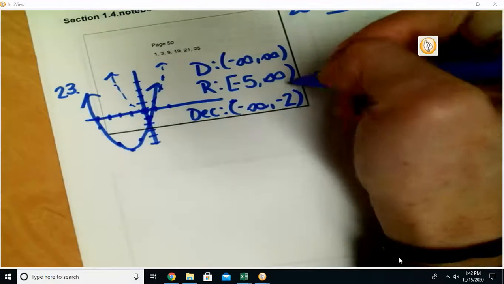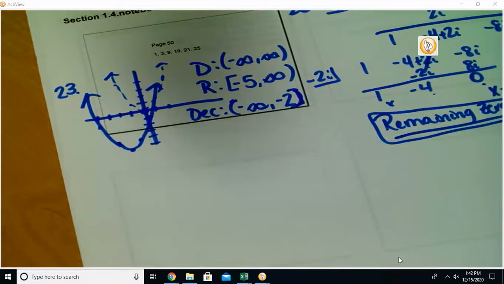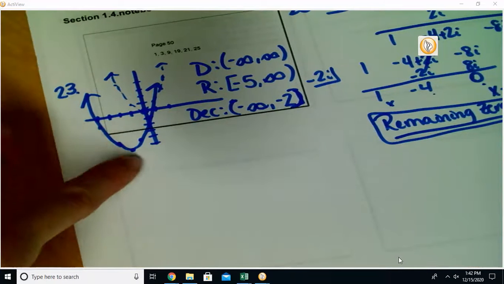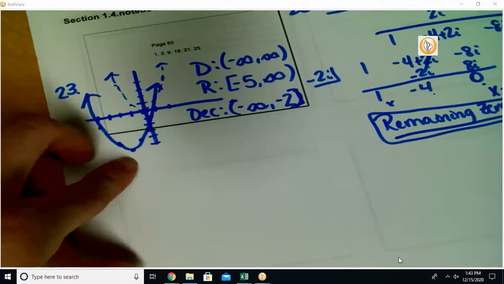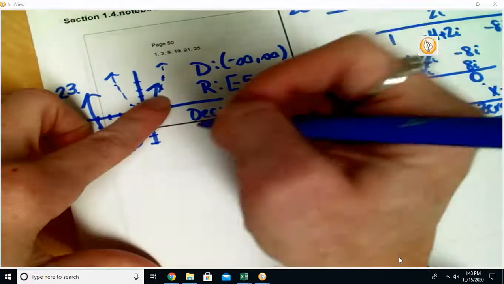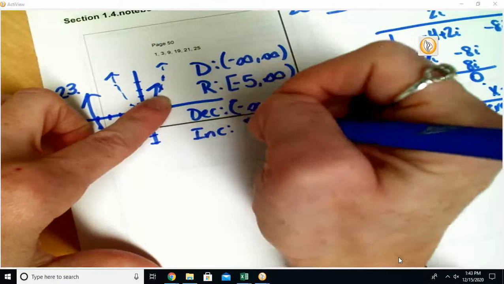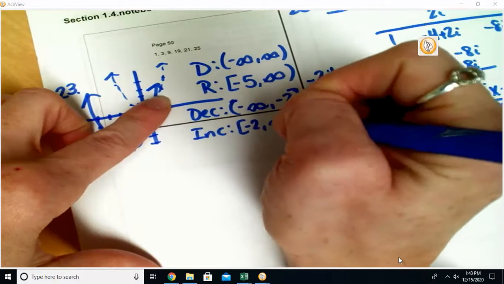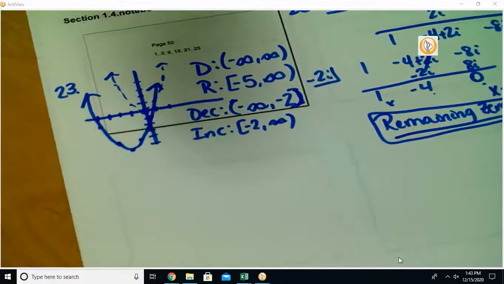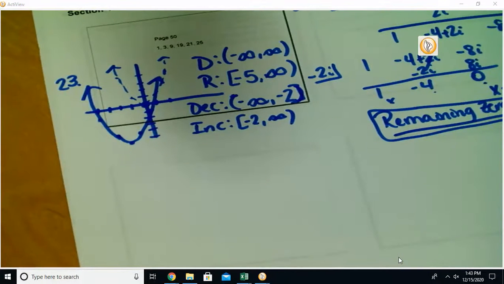So you could have a parenthesis there, or you could have a bracket, either one. Then, starting at negative 2, what does my graph do? It increases from negative 2 to infinity. So the only time you use a y value is if you're talking about the range. Otherwise, you always list x's.